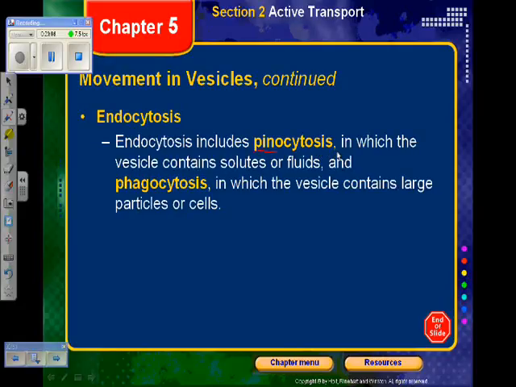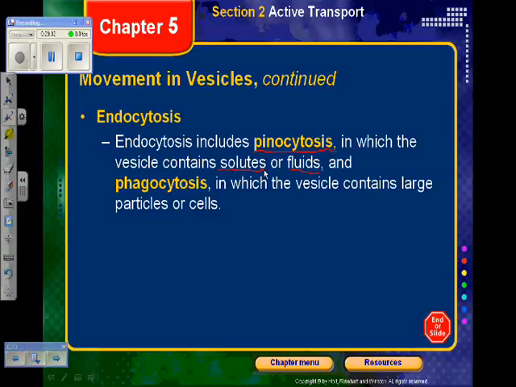Pinocytosis is a process by which large amounts of fluids or things that are dissolved in fluids, such as salts, sugars, even proteins, are solutes in fluids. That process, which brings large amounts of fluids into the cell, is called pinocytosis.